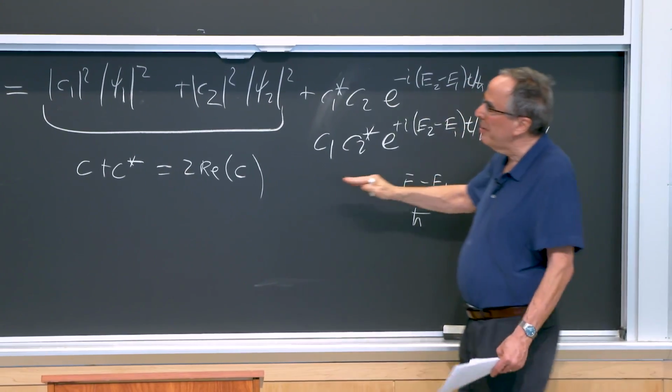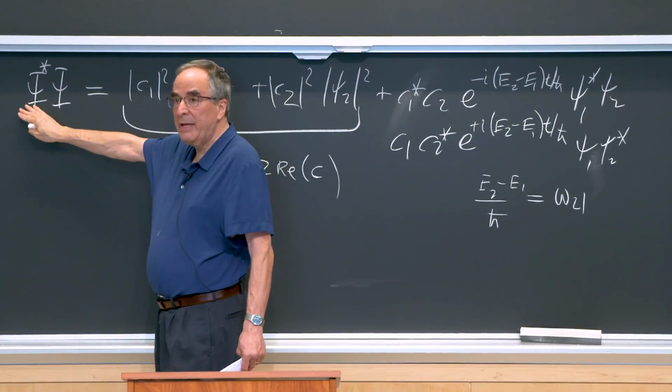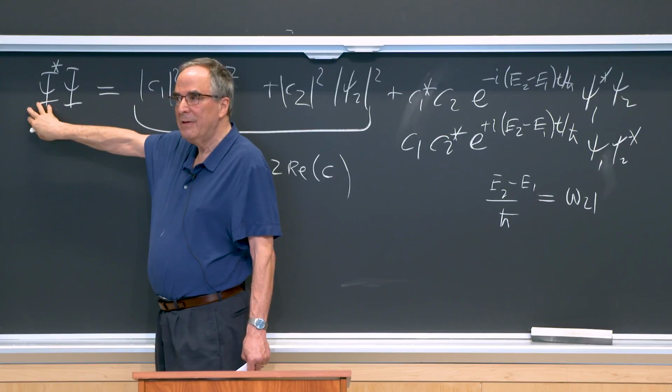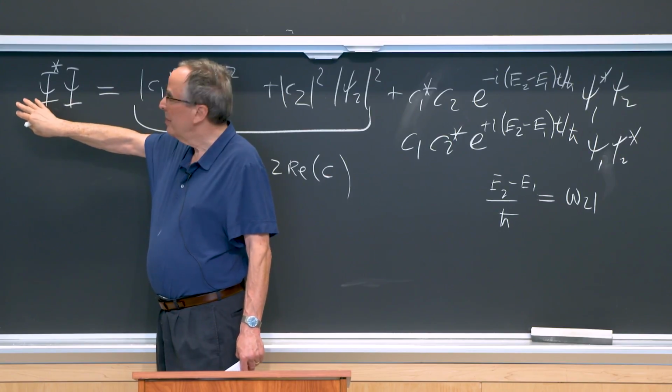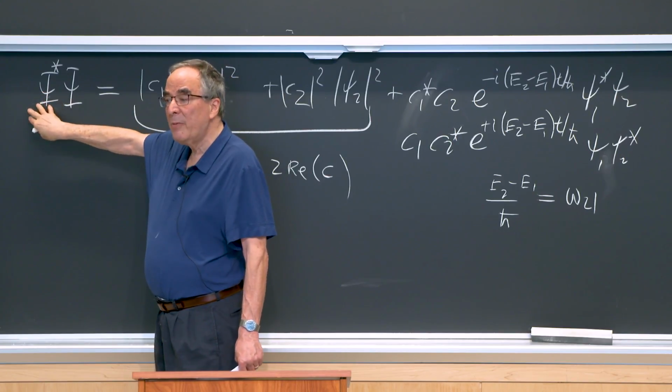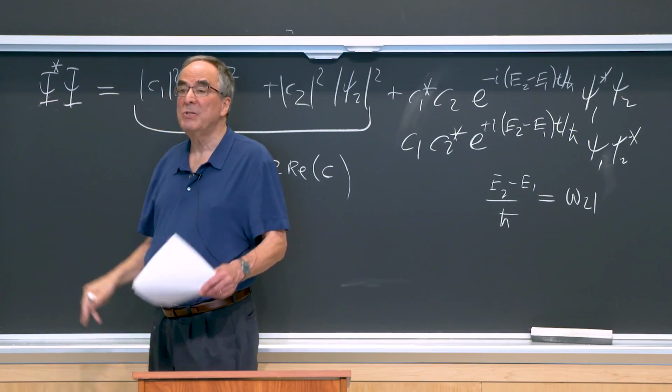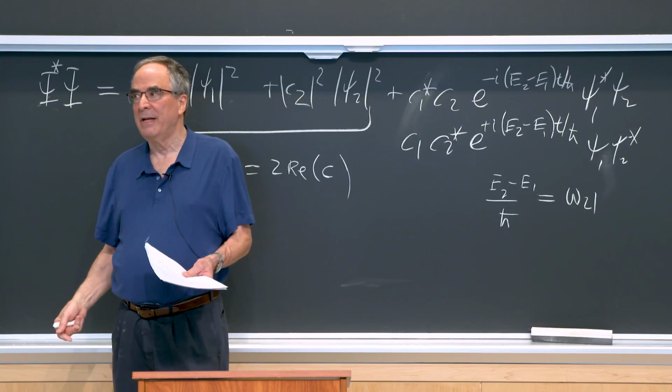Because we're talking about a probability here. This probability has got to be real, and it's got to be positive everywhere and forever, because there's no such thing as a negative probability.